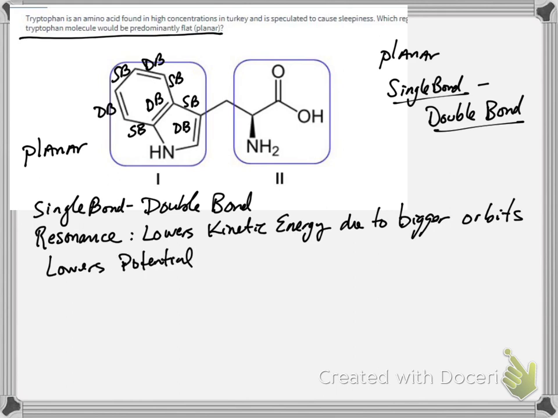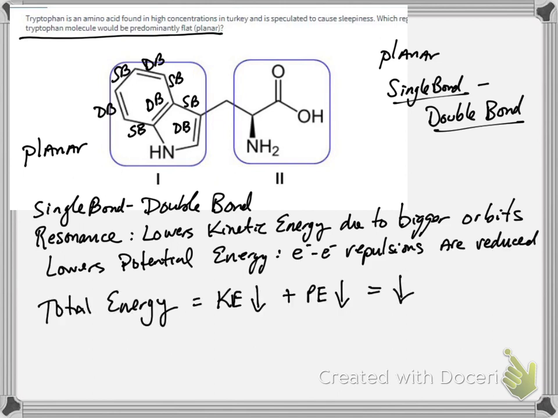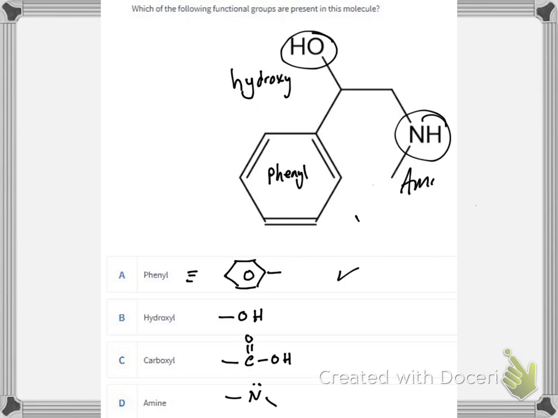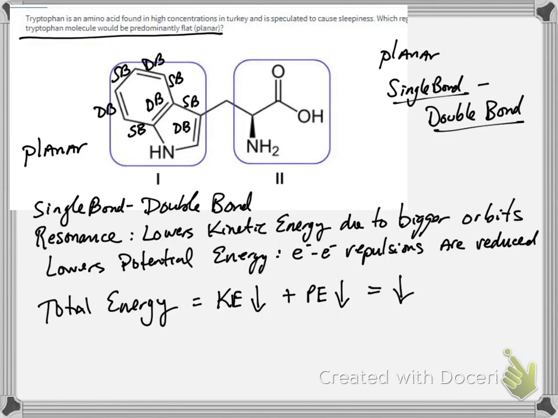These bigger orbitals now lead to less electron-electron repulsion at each atom, because the electrons are now farther away, and because of that, potential energy goes down. And the total energy goes down because both kinetic and potential energy have decreased.